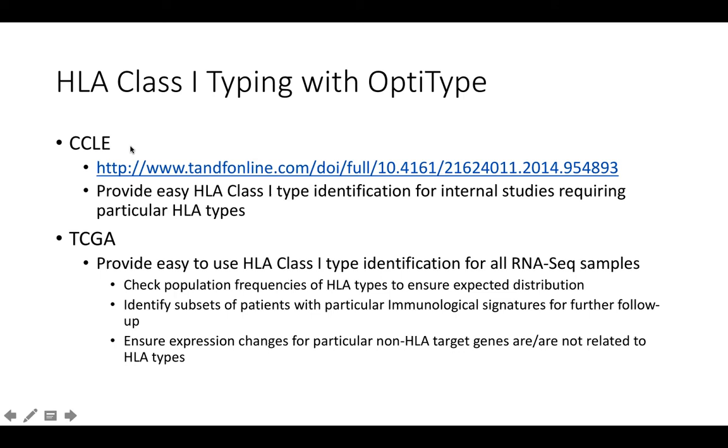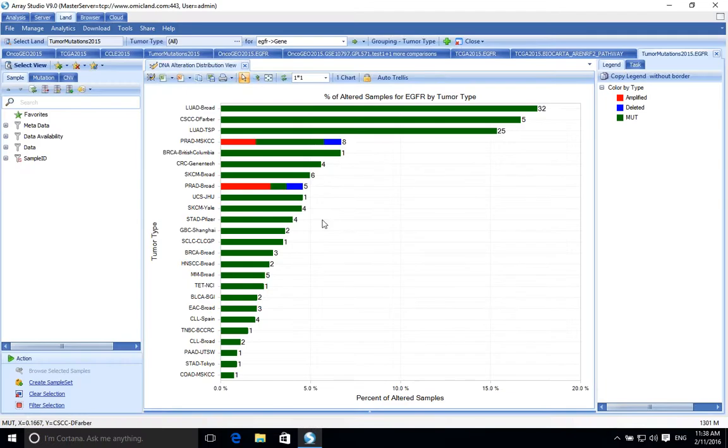We've started doing this with both the CCLE and the TCGA data sets. And the TCGA, obviously there's 11,000 RNA-Seq samples, so it was a pretty big undertaking. The idea here is that you can easily search these data sets and use the class 1 types as part of your different visualizations and filtering and analysis.